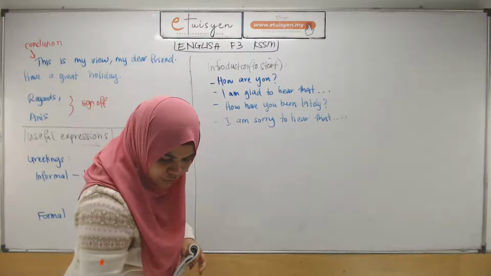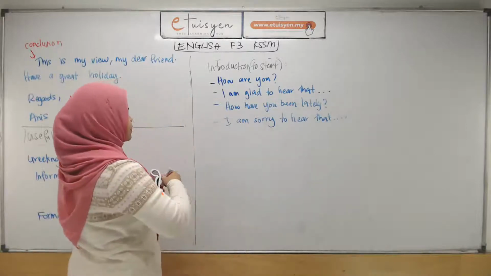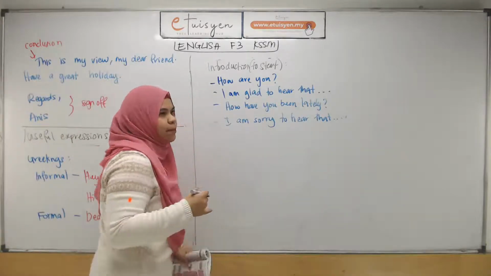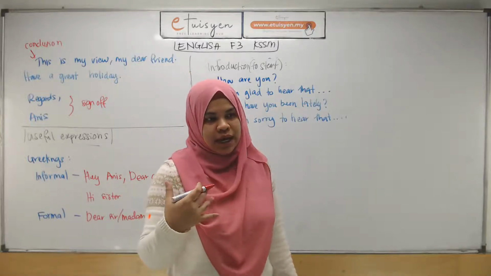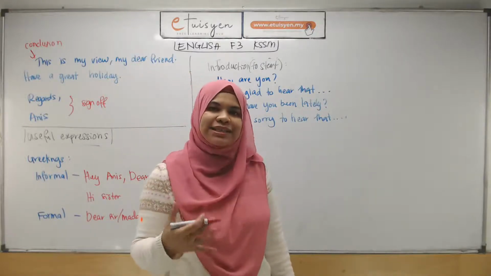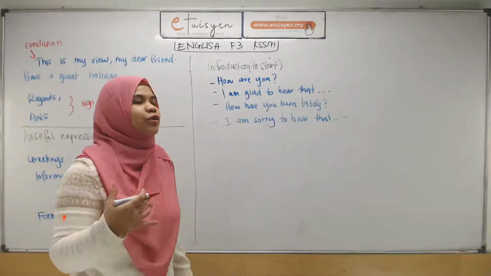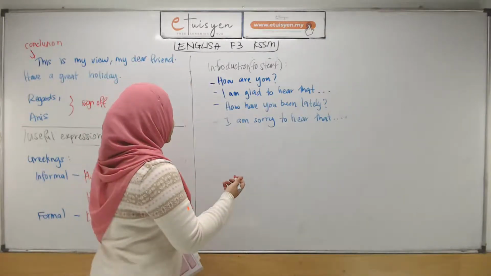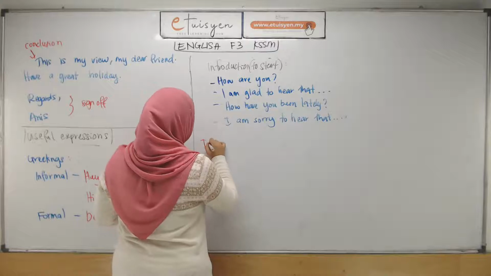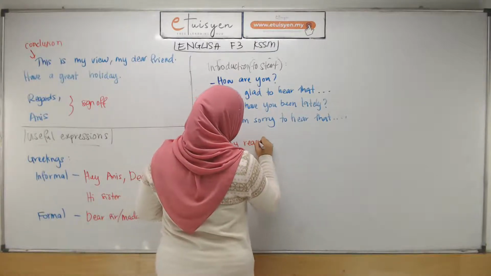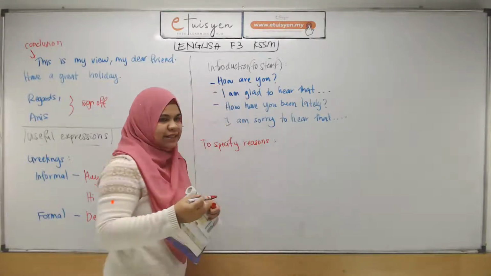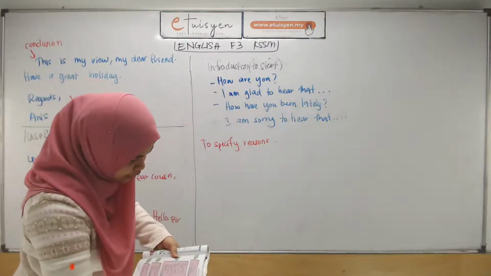Now, my black marker has run out, so let's write something. Say for example, the email has questions or queries where they ask you to give reasons, to specify reasons, or to give suggestions. So what can you write?